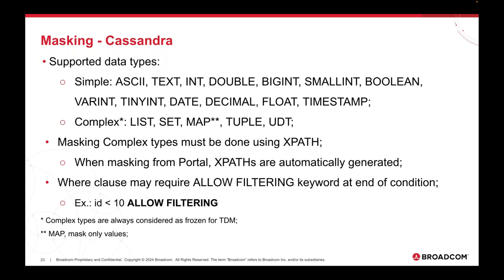We are going to do it for you while we are doing the scan. We are going to identify that it is a UDT type, and we are going to generate, for example, the XPath for you automatically. People who are familiar with Cassandra will be familiar with allow filtering, so I'm not going into details on this.